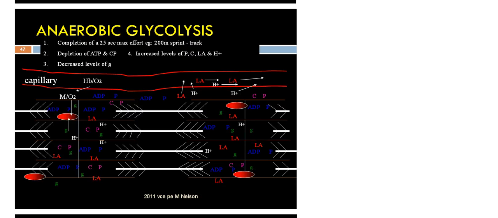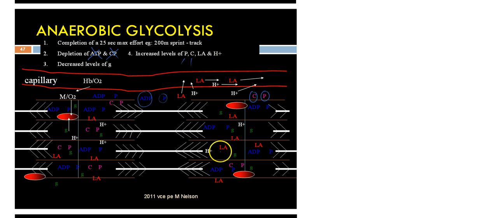At the completion, we have no ATP, so it's been depleted. We have no stored CP. So they've all been split into adenosine diphosphate and our inorganic phosphate, and our creatine and the phosphate have split also. As a result of that, we have increased levels of inorganic phosphate, of creatine on its own.